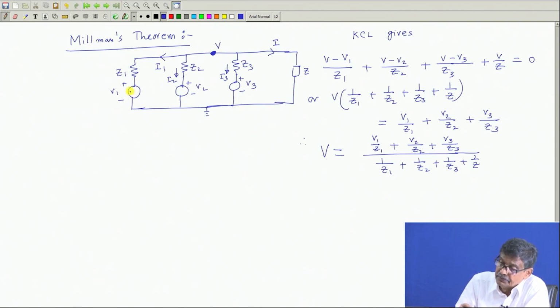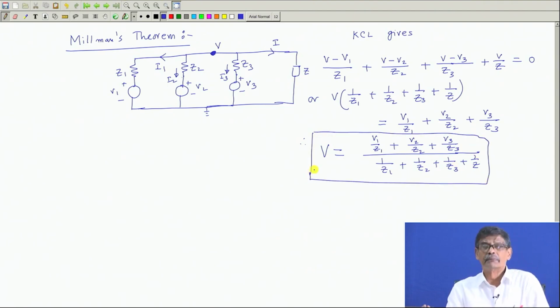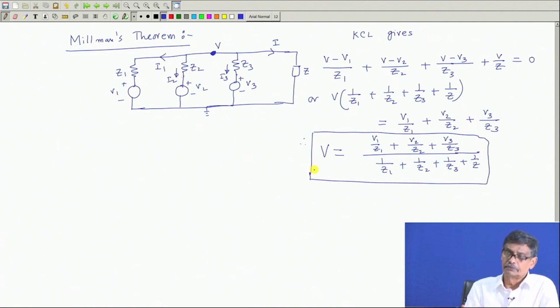So it will be V 1 by Z 1 plus V 2 by Z 2 plus V 3 by Z 3, divided by 1 by Z 1 plus 1 by Z 2 plus 1 by Z 3. So, this is the formula used here.